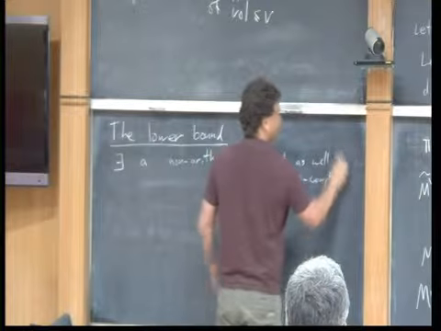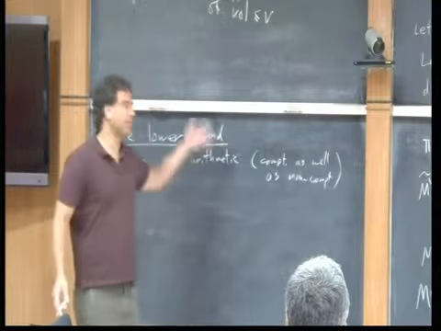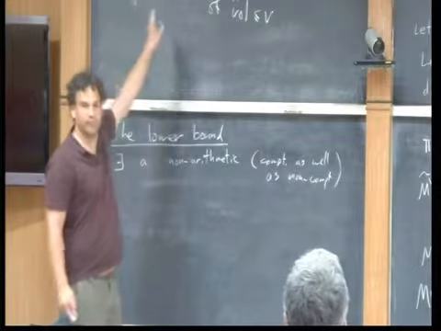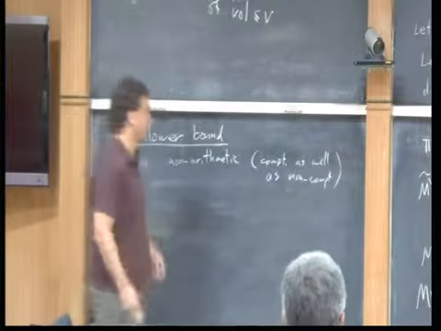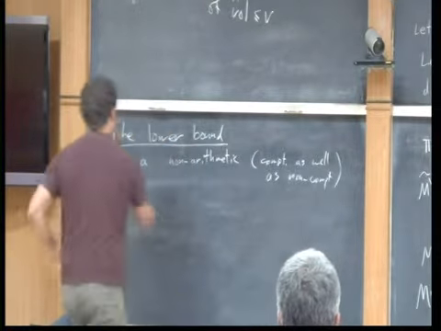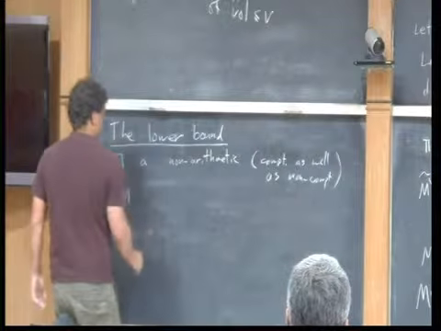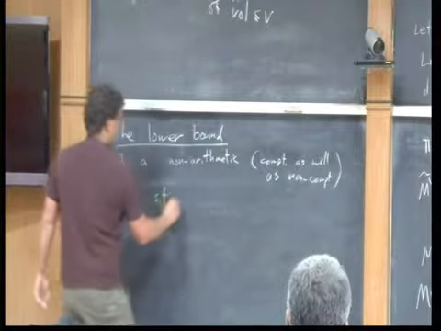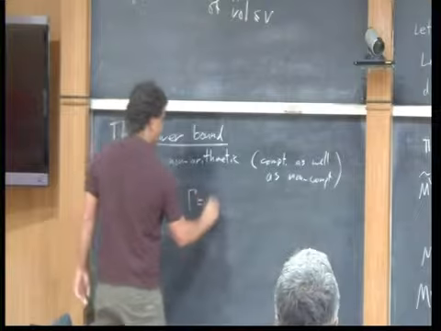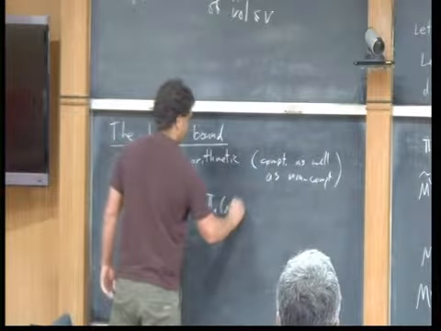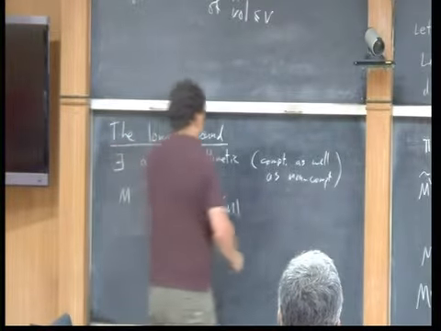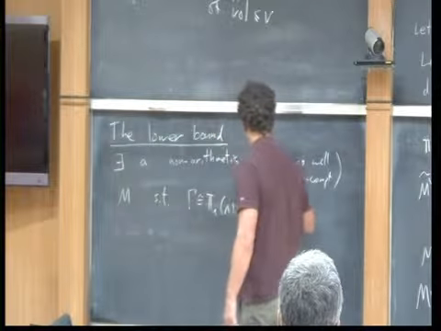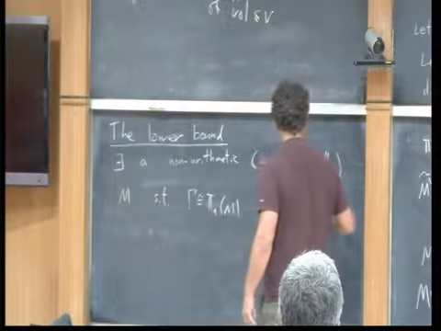So you can take it to be compact, non-compact, non-arithmetic, arithmetic. The lower bound shows that there are many of all these types of manifolds M such that gamma, the fundamental group of M, has a free quotient, has an F2 quotient.